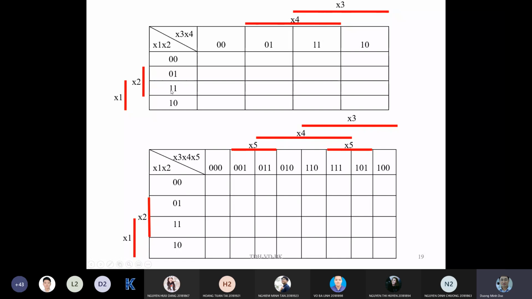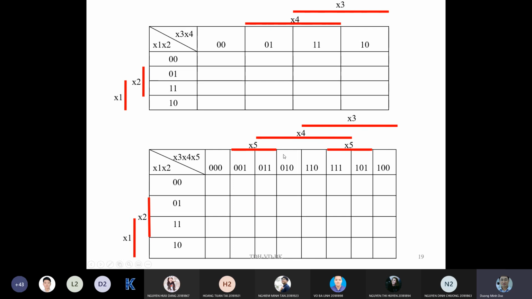So we have 0, 0, 0, 1, 1, 1, 1, 0. Some people can make the numbering different, like 0, 0, 1, 0, 1, 1, and 0, 1. It's okay. But please remember the area of each variable and the value of the logical function in each block. Okay. So this is a 4 variable map.